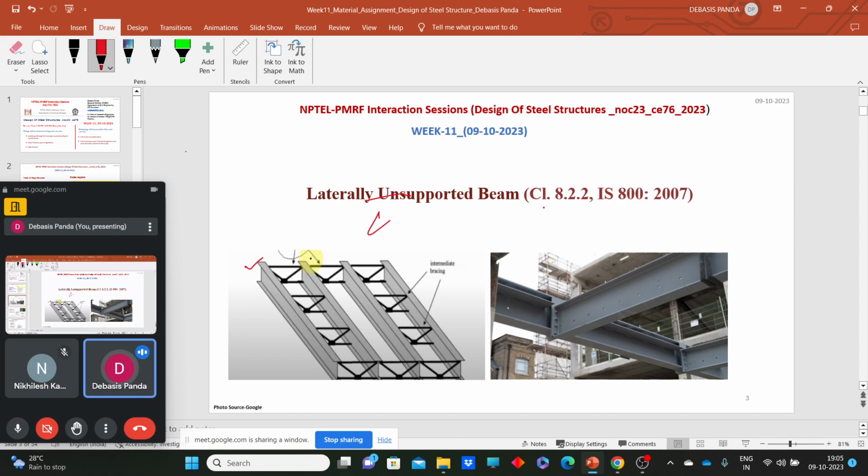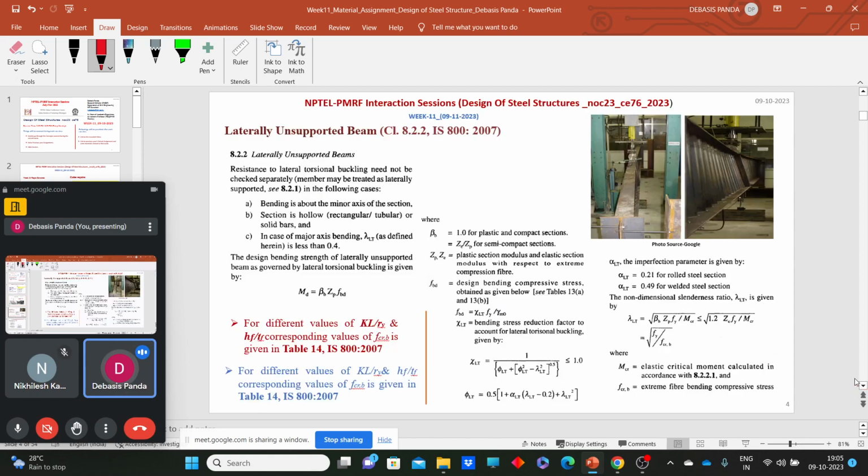Clause 8.2.2 deals with the design specifications and requirements of laterally unsupported beams. First, we have to understand how to calculate the design bending strength for laterally supported and laterally unsupported beams.